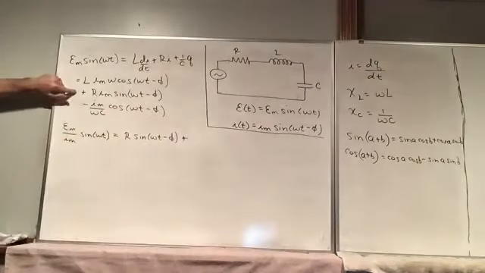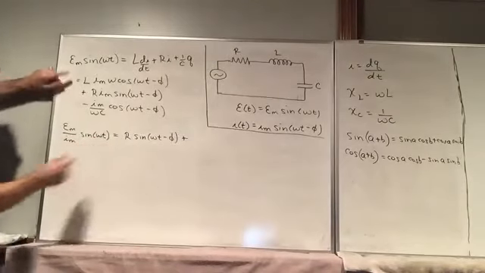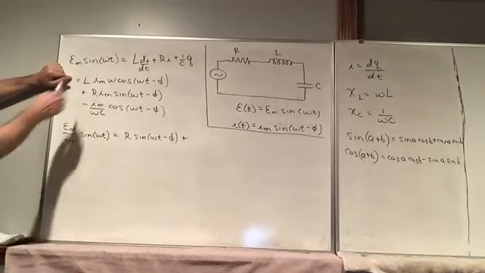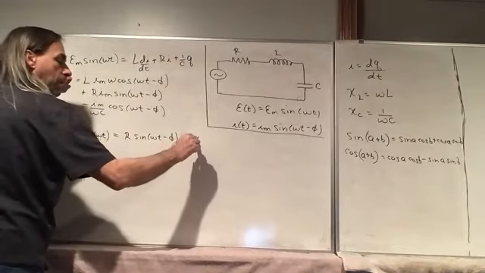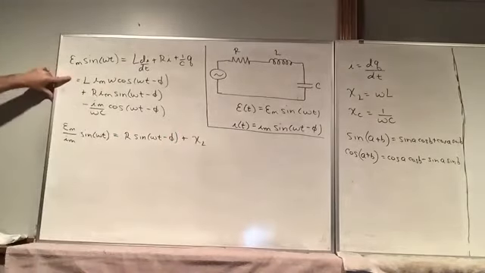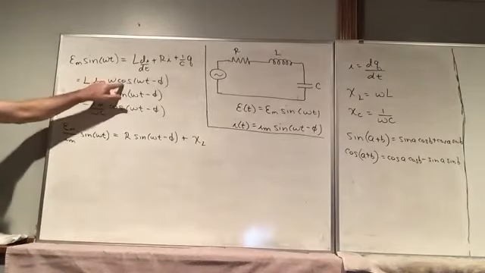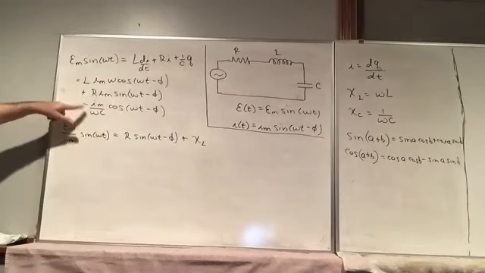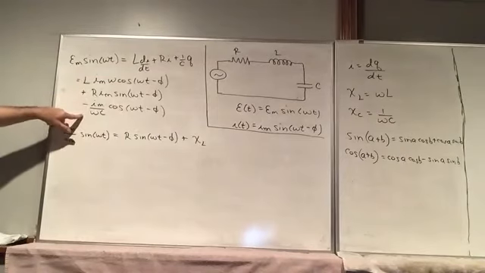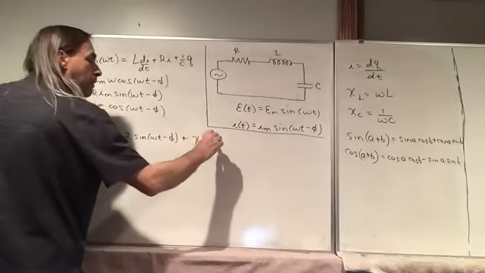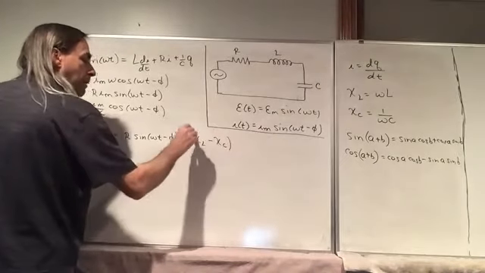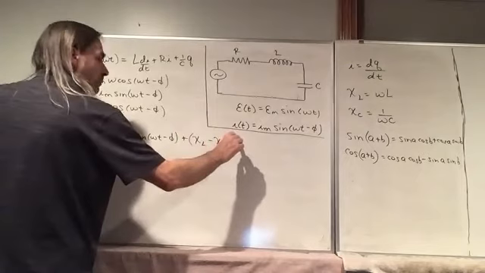Now, we took the second term. Now this first term, we have omega L, which is X_L, the inductive reactance, times cosine omega t, and 1 over omega C, that's the capacitive reactance. So we have a minus sign in front, so we can write it like this.